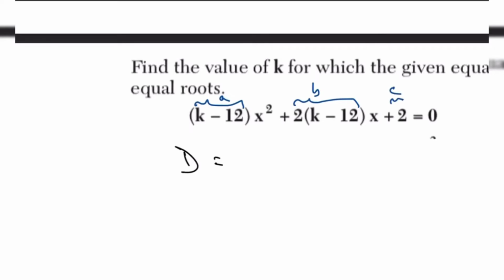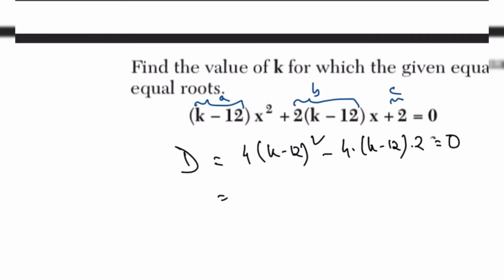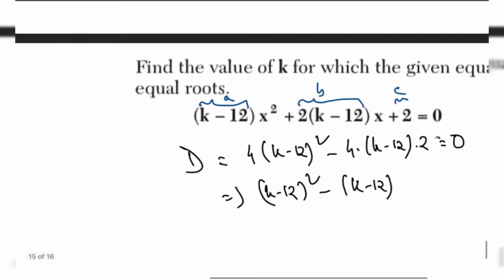So b square minus 4ac is 4 times k minus 12 whole square minus 4 times k minus 12 into 2 is 0. Let's divide everything by 4. That gives us k minus 12 whole square minus twice k minus 12 equals 0.